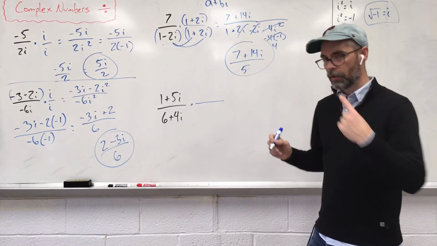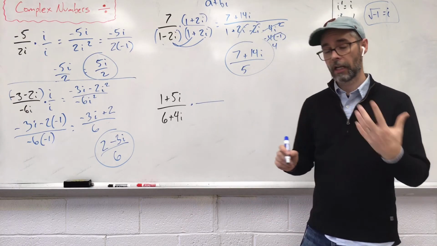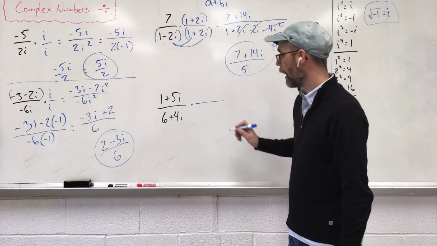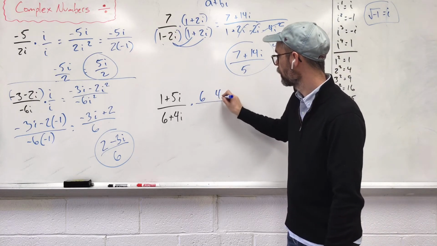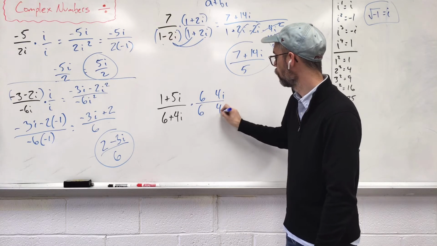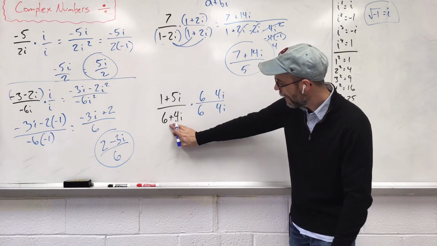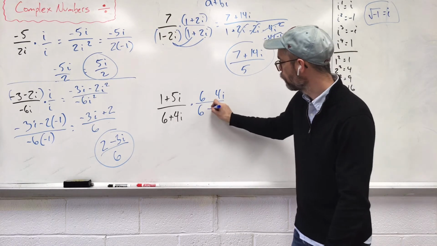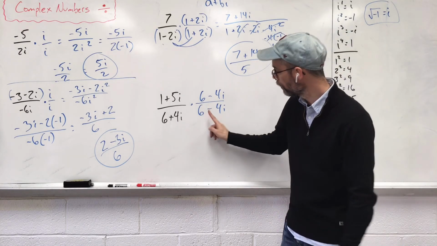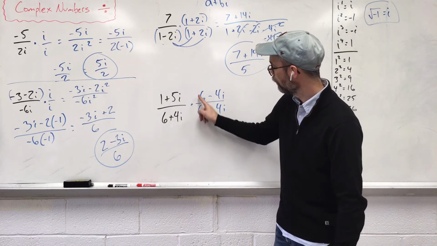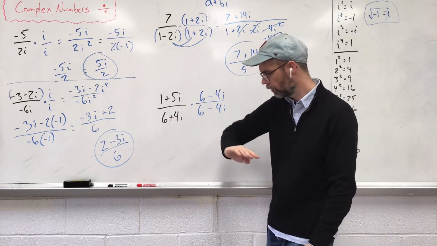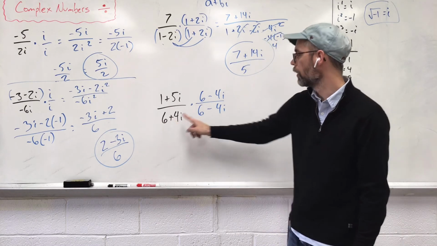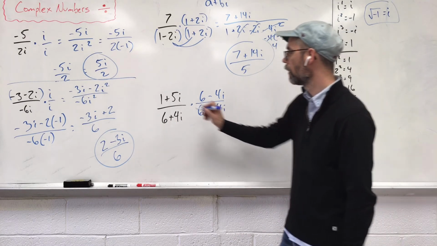We want to multiply by a value of 1. We want to use the conjugate when we rationalize. So that's going to be 6, 4i, 6, 4i. Where we have a plus sign here, I want to now put a minus sign. It's always going to be what's in the middle. I don't care about what's in front. What's in front here can stay. It's this middle number that changes in the denominator.